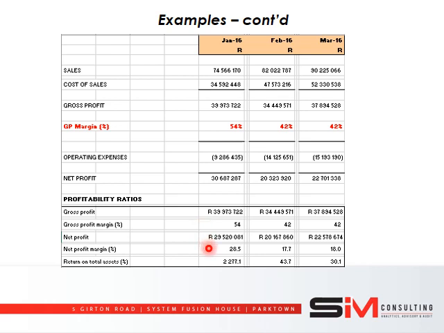Number 4, it should show you the net profit margin of 28.5%. Lastly, which is the fifth one, it should show you the return on assets of 2,277.1%. So those are the results that you will be getting, focusing on the 5 indicators that I had spoken to you about.